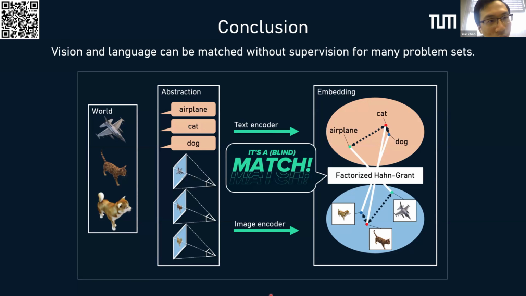Yes, thank you. Another follow-up: you just showed the matching accuracy with respect to the problem size, which is basically the number of classes, and you said the matching accuracy dropped significantly at around 20 to 40 classes.